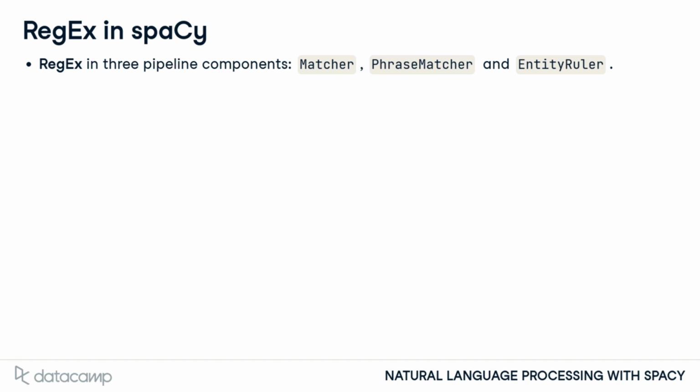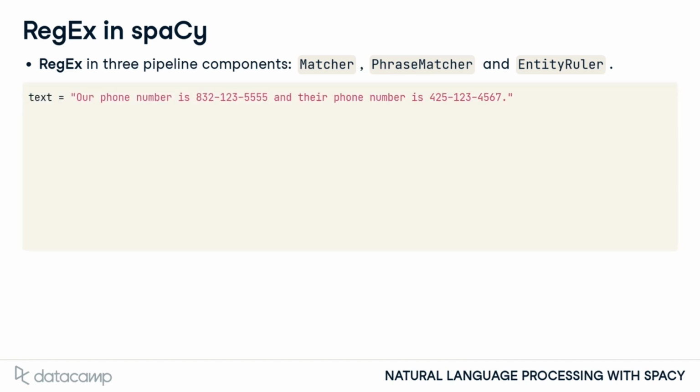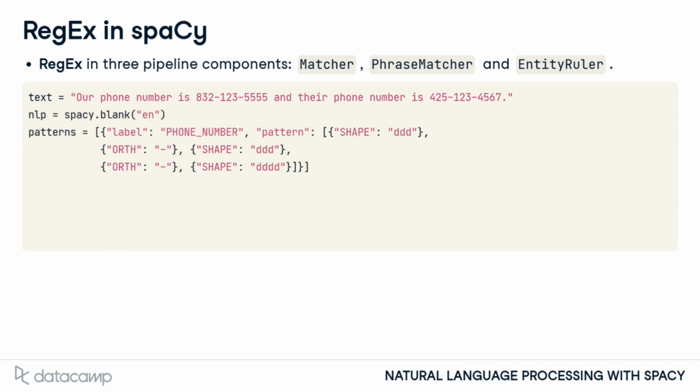We will learn more about matcher and phrase matcher later on. Let's look at an example of using the entity ruler to find phone numbers. The pattern consists of a list of dictionaries with 2 keys, label and pattern. In this instance, the label is set to PHONE_NUMBER.